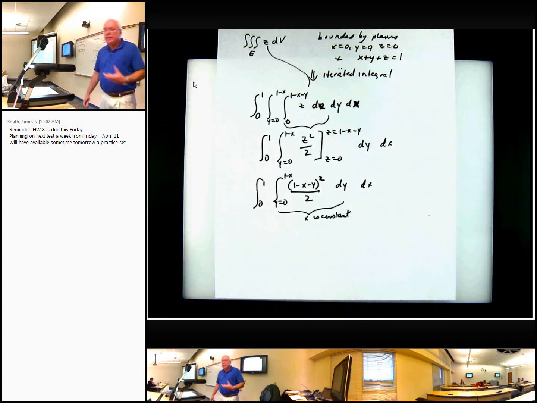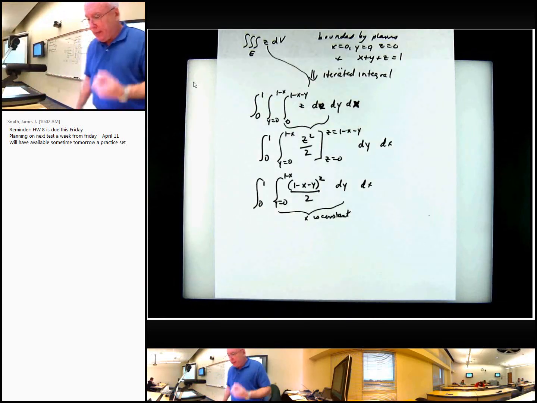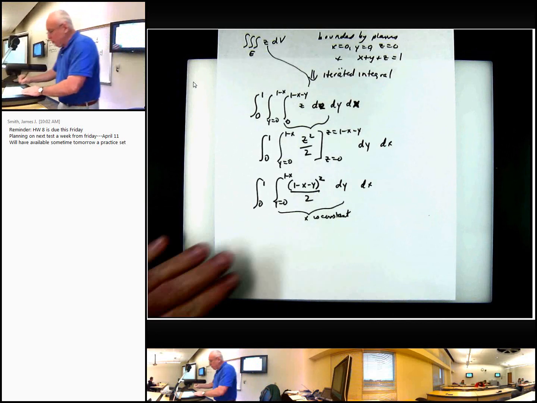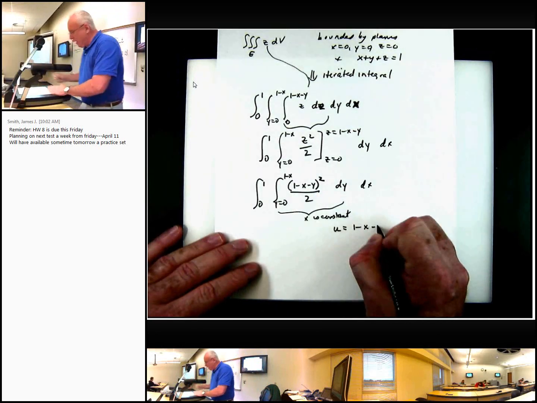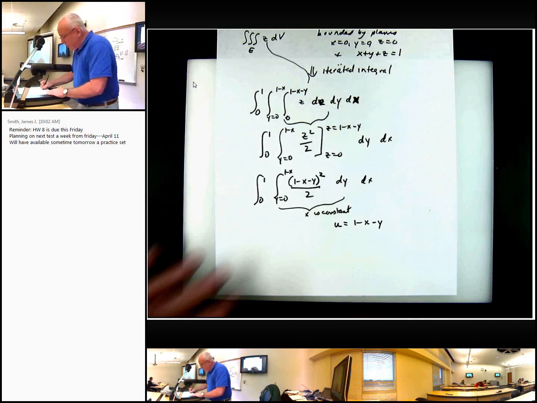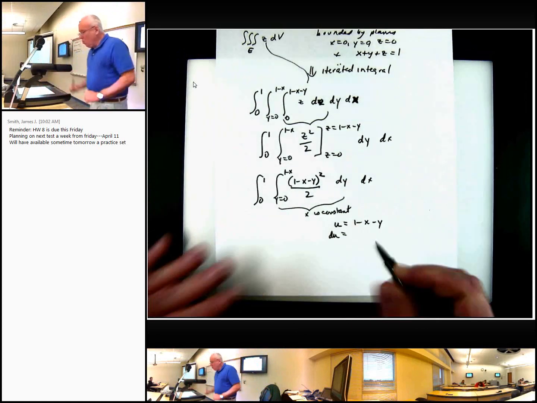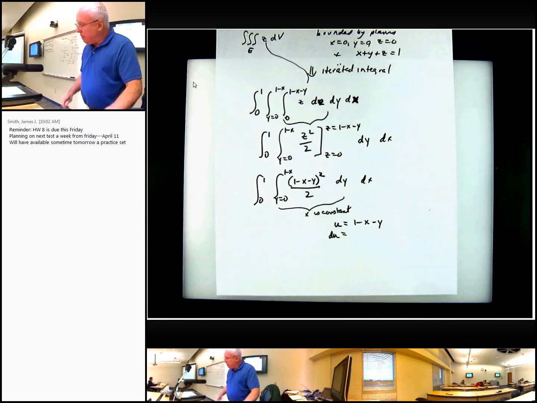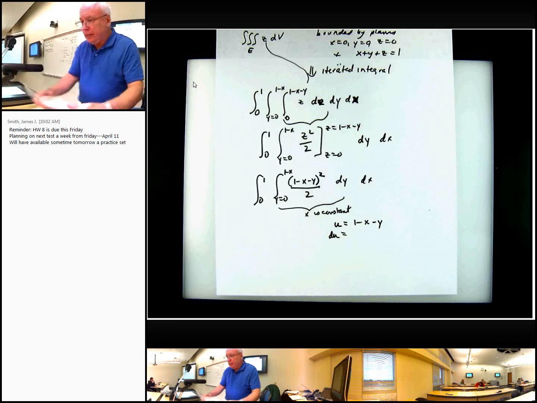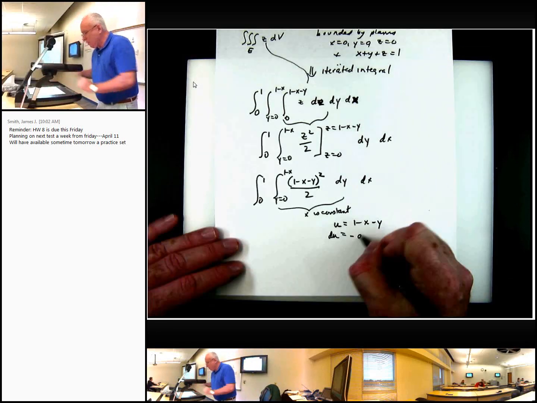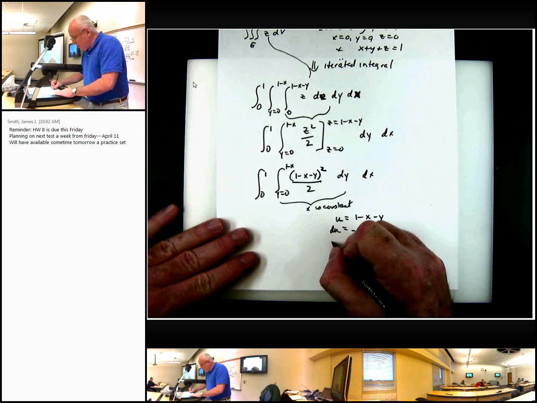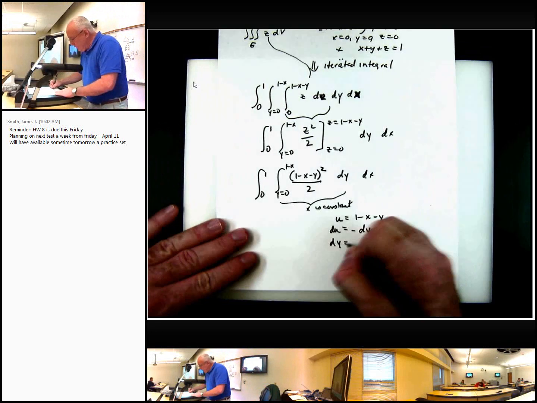Let's see what happens if we have the inside of the parentheses be our u. Let u equal 1 minus x minus y, and then get our du. Well, 1 goes to 0, minus x will go to 0 because we're treating it like a constant, and all we're left with is minus dy. Therefore, I'm going to replace dy with a negative du.